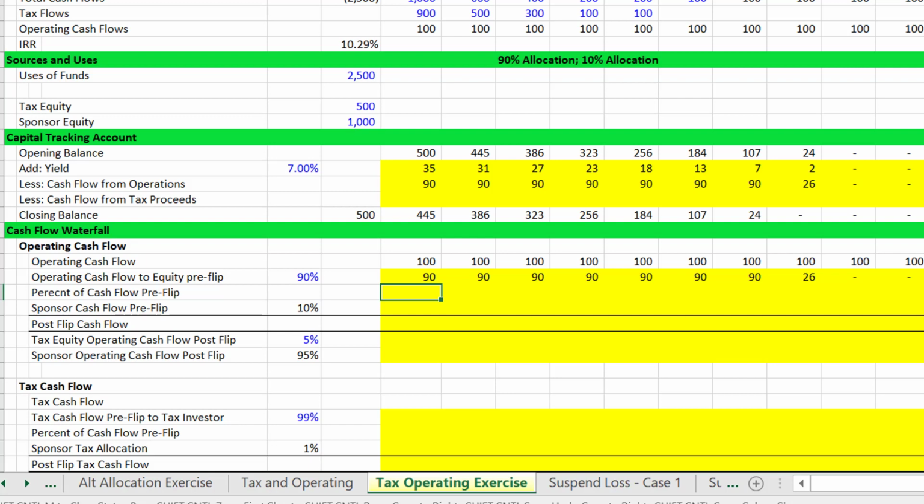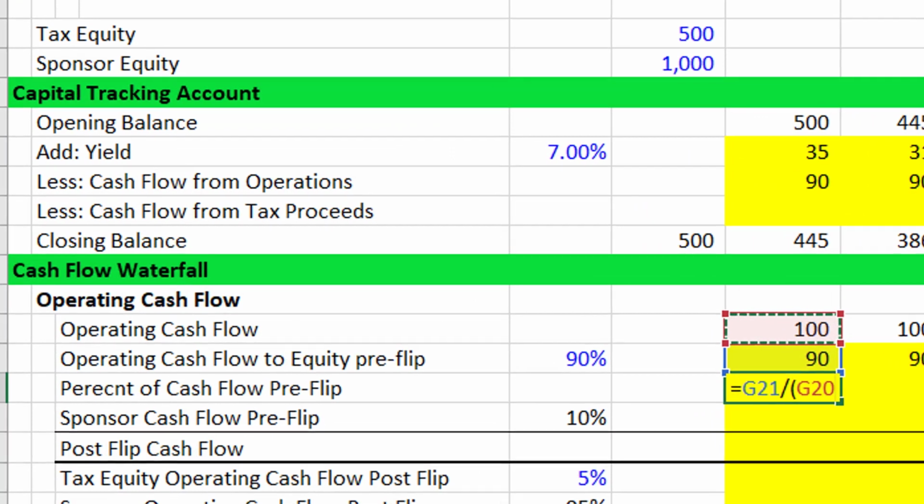But we need to know in this year, how much was this pre-flip and post-flip, in this very, very last year. So what you do is you can take this number, which is the actual amount that's constrained by the minimum, and divide that by the total cash flow up here, and multiply that by this thing.